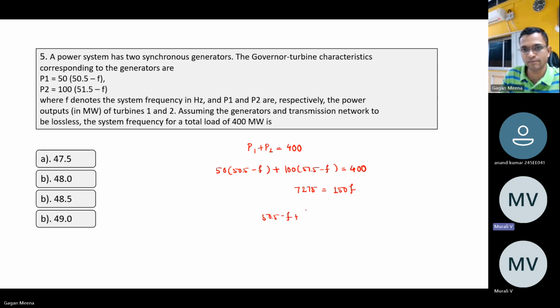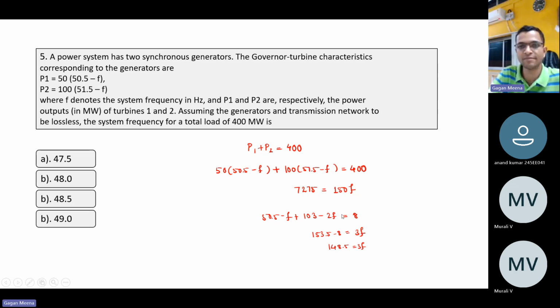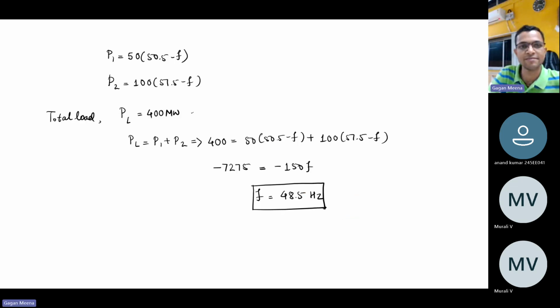It is 48.5. Yes, correct. 48.5 is correct.